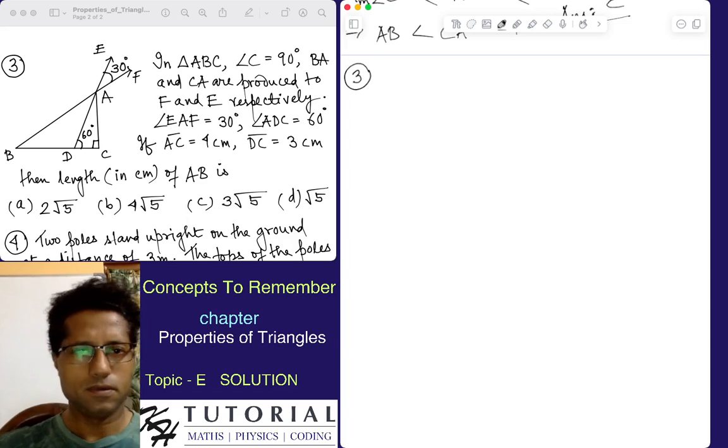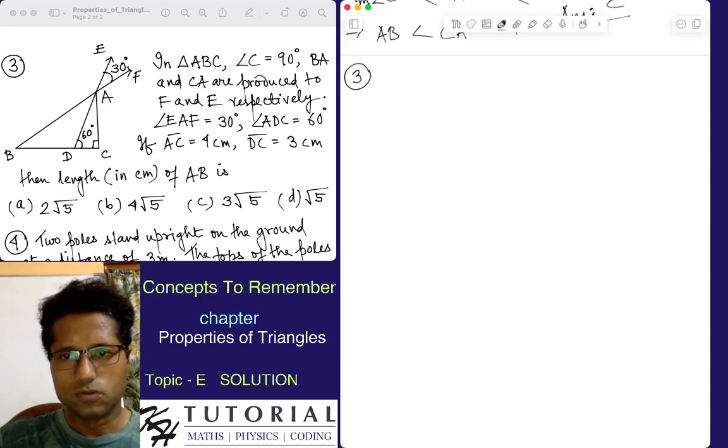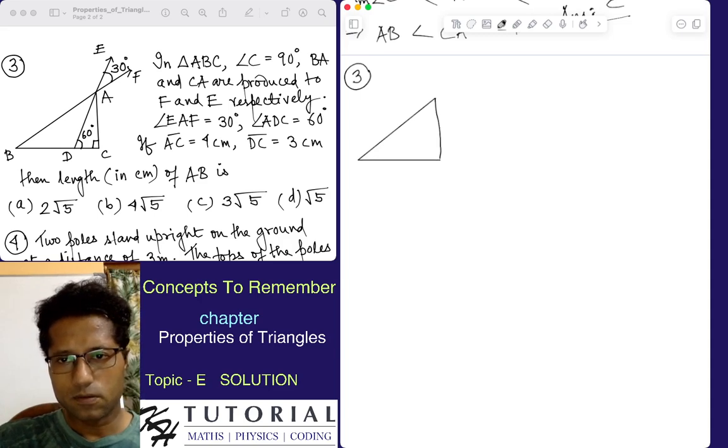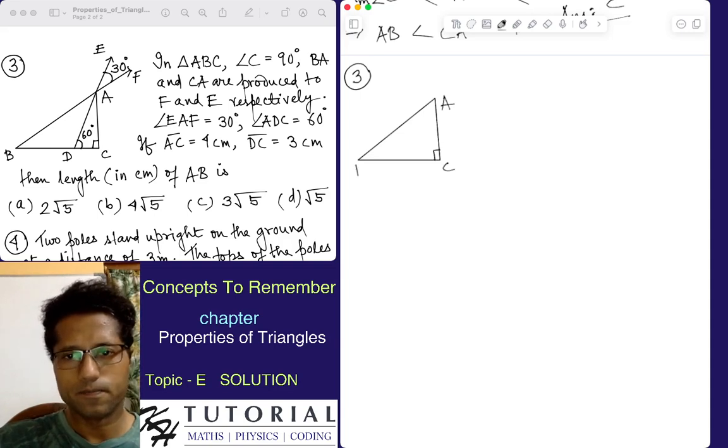Okay, let me draw the figure. Maybe I have drawn the figure incorrectly as per the problem statement. So definitely we have a triangle which is right angled at C. Let's say this is the triangle ABC, this is the right angle. So BA is produced to F, that is fine.